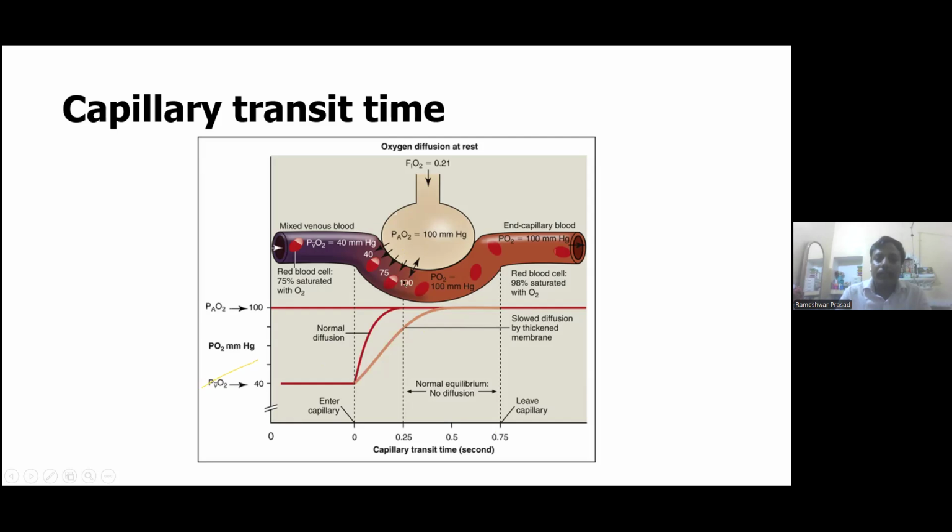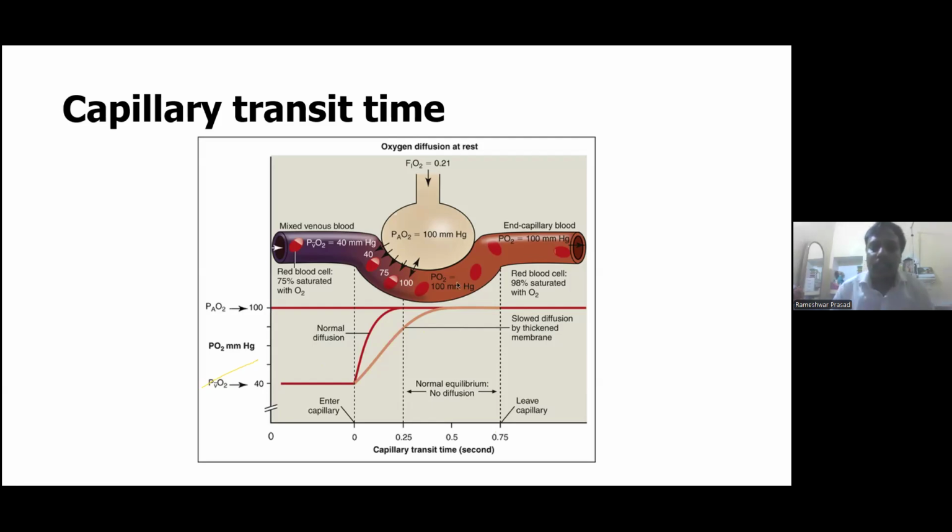That means during the first 0.25 second, the equilibrium will happen, and capillary oxygen pressure will equalize with the alveolar pressure. So it has 3 times reserve for diffusion equilibrium to take place.